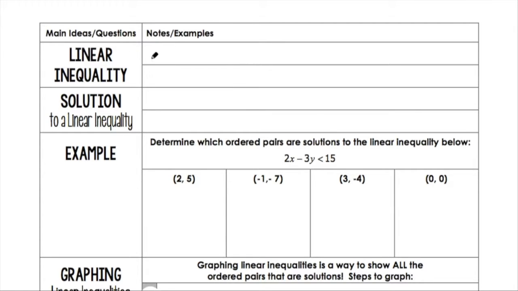So a linear inequality is an inequality relationship between typically two variables.